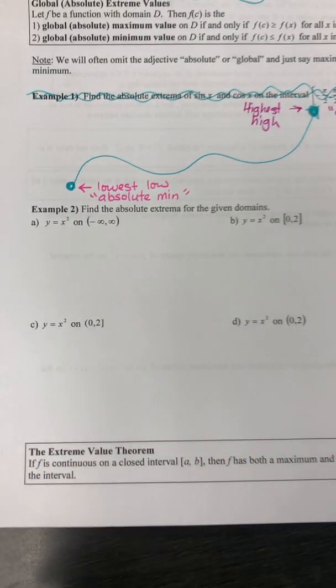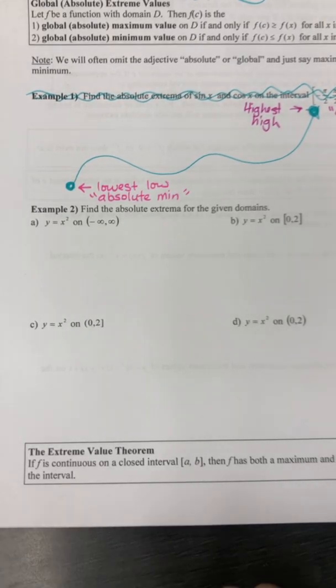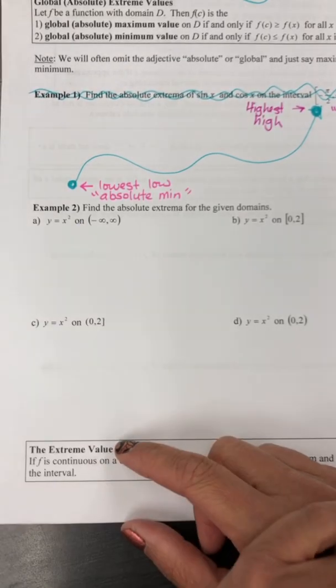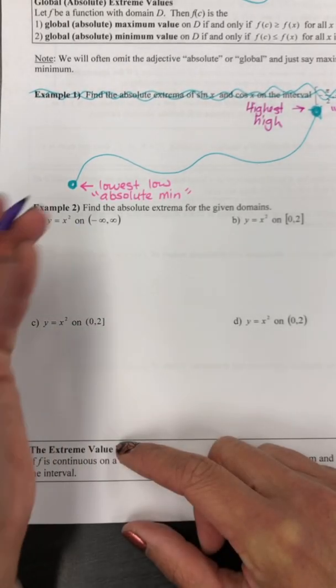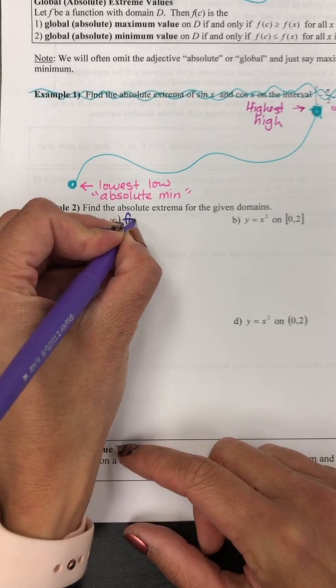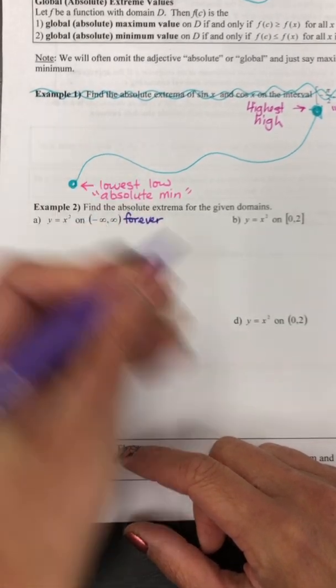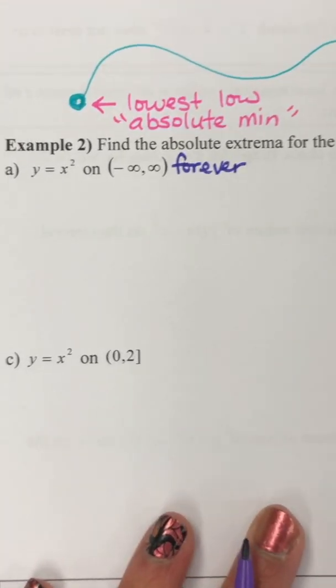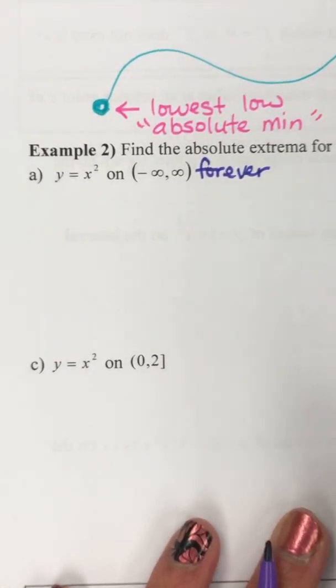Okay, so let's take a look at an example. Example 2. And it says, find the absolute extrema for the given domains. Okay, so they gave us a domain from negative infinity to positive infinity. That means that this is forever. Okay, and we know what y equals x squared looks like. That's a parabola.